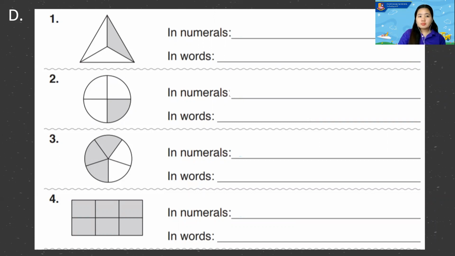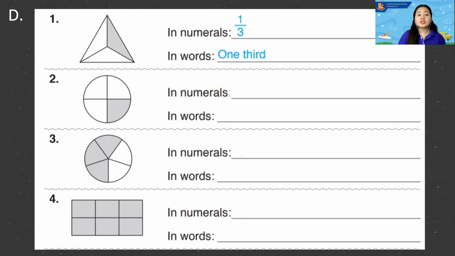So 1, 2, 3. That means 1/3. That is the answer. How about in words? You write the spelling of 1/3: one third. That is how you read this fraction.